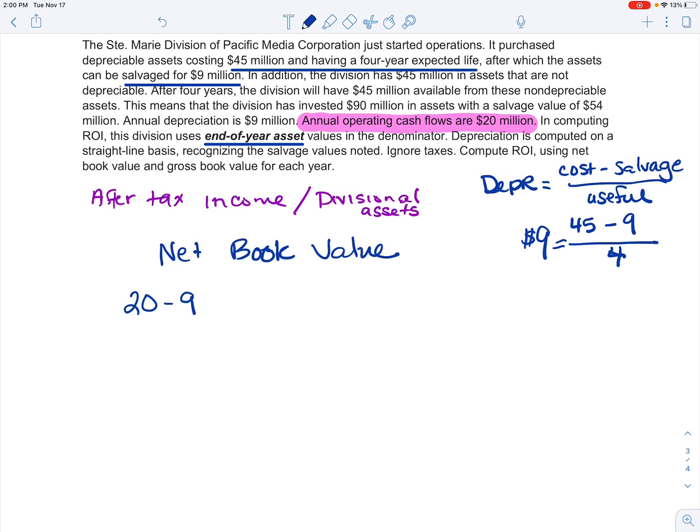And then I'm going to divide that, and this is year 1, by my total assets minus my depreciation. So here, I'm going to get $11 million over $81 million, which gives me a return on investment of 13.6%.